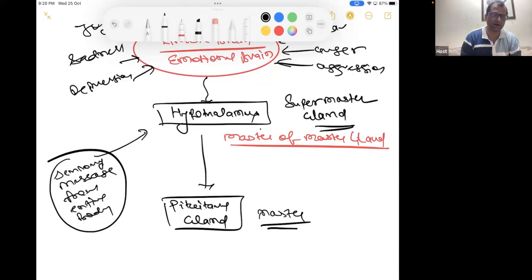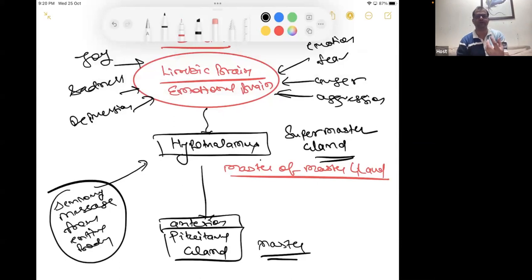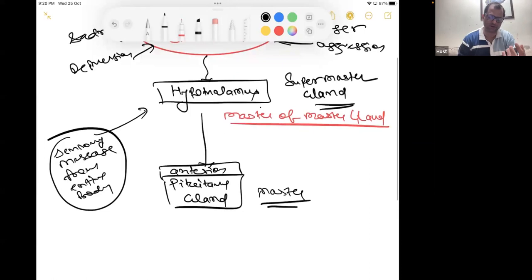Then the pituitary gland, or I will tell you especially when we talk about the ovary, in terms of the ovary, we will talk about the anterior pituitary. So the hypothalamus is under the control of the emotional brain. Then the hypothalamus is controlling the anterior pituitary, then the anterior pituitary works on the ovary, and the ovary works on the uterus.